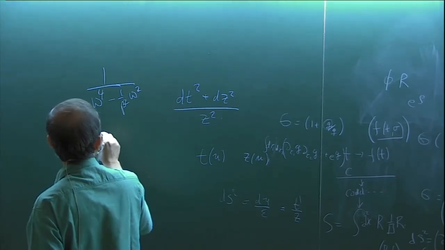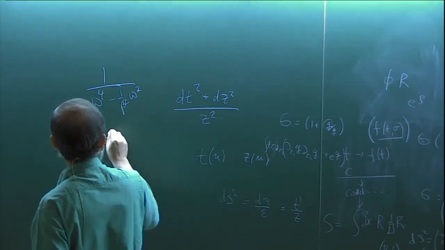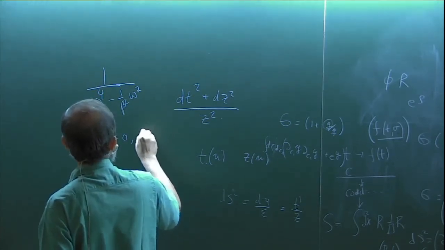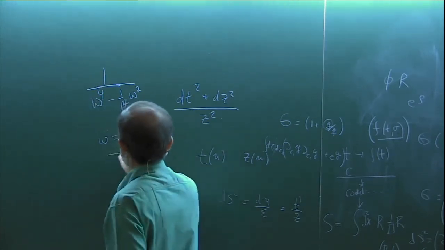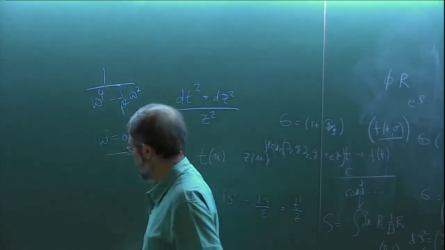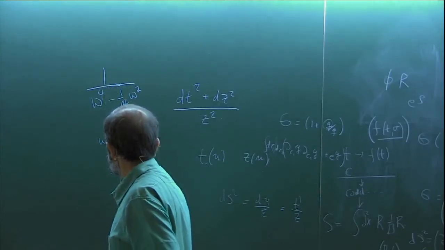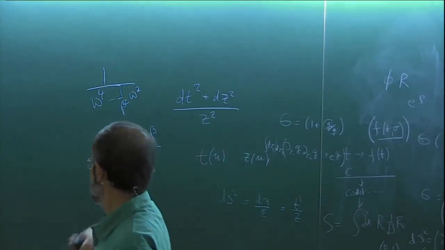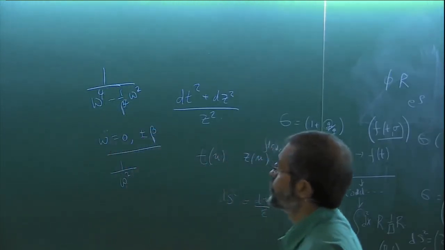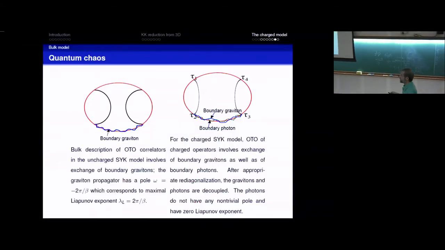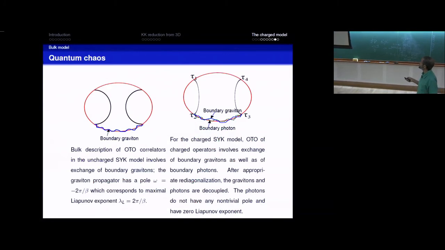So there were solutions which were 0 and plus minus beta. This was what came from the Schwarzian. And now, what will come from the new sigma model term is just 1 over omega square. So it does not have any non-trivial poles, therefore it has 0 Lyapunov exponent.